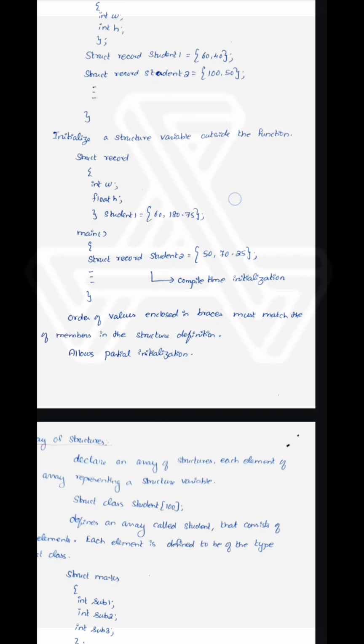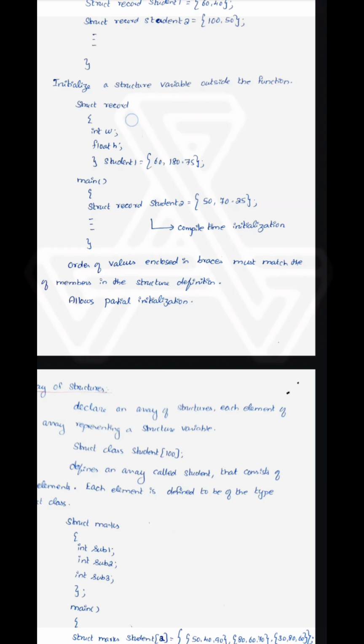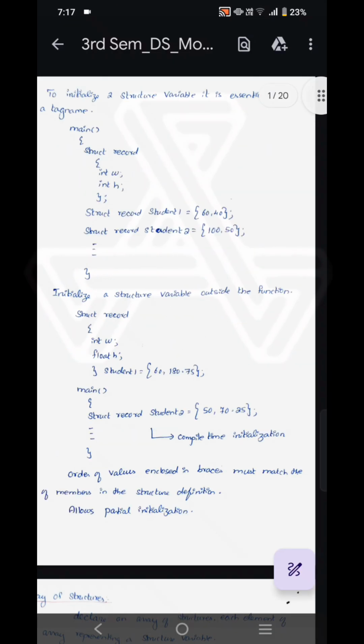Then we have this in main: struct record student2, which is compile time initialization. We can initialize within the main function, outside it, or just beside the struct.